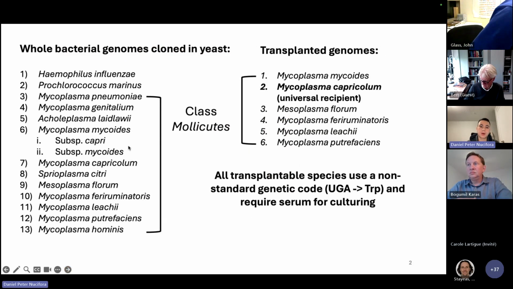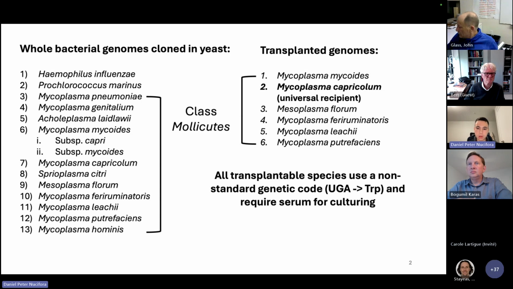There's a growing list of bacterial genomes that can be cloned inside of yeast as centromeric plasmids. And there's a smaller list of bacterial species that can have their genomes transplanted into Mycoplasma capricolum through genome transplantation. Currently, genome transplantation is limited to a single class of bacteria called mollicutes.